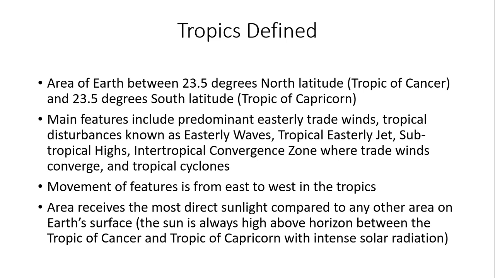Now, the sun is always high above the horizon between those latitudes, the Tropic of Cancer at 23.5 degrees north and the Tropic of Capricorn, 23.5 degrees south. Very intense solar radiation. In fact, I at one point in time had lived in Hawaii, at about 21.5 degrees north latitude.